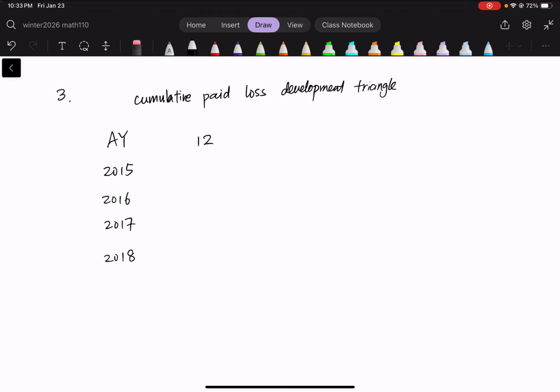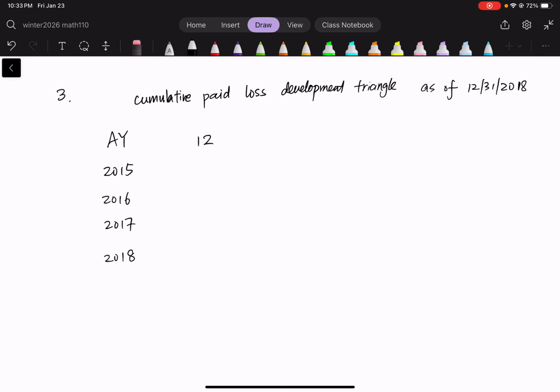For example, this means month 12. And the fact that this particular triangle stops at accident year 2018 means this triangle is as of December 31st, 2018. So right now we're at the end of 2018.